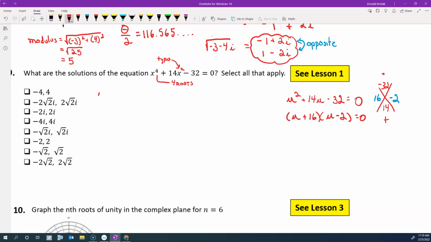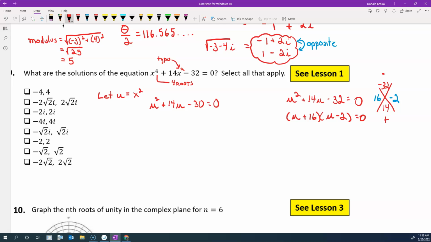This has got a power of 4, but if I say let the letter u equal x squared, then I could rewrite this. u squared plus 14u minus 32 equals 0.